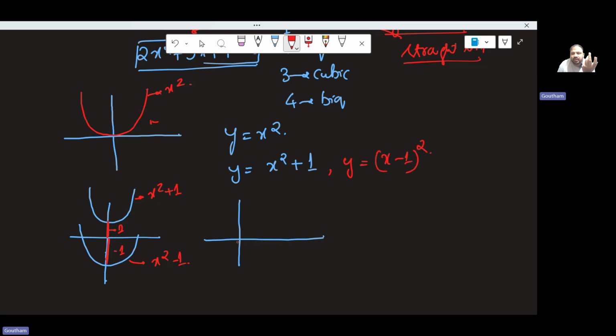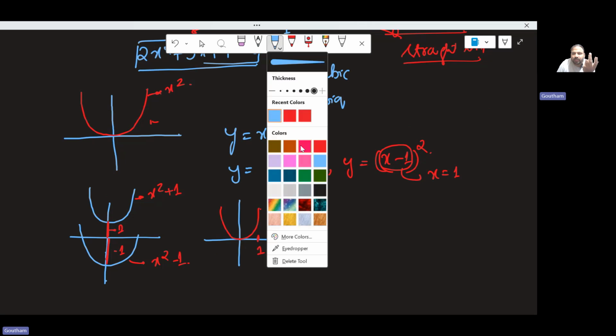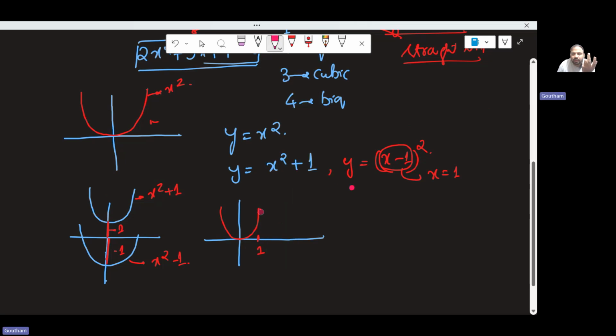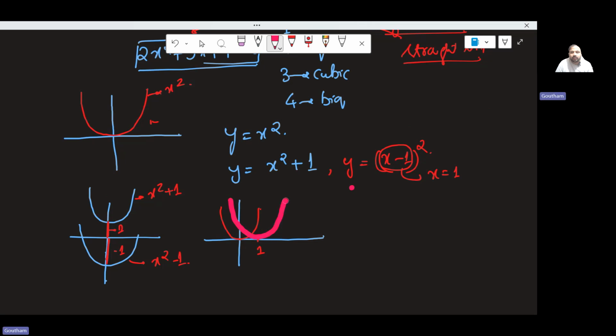Earlier it was here, now it has shifted 1 unit towards the right. Where does x minus 1 collapse? That is at x is equal to 1. So here it will be. This is my x minus 1 curve.